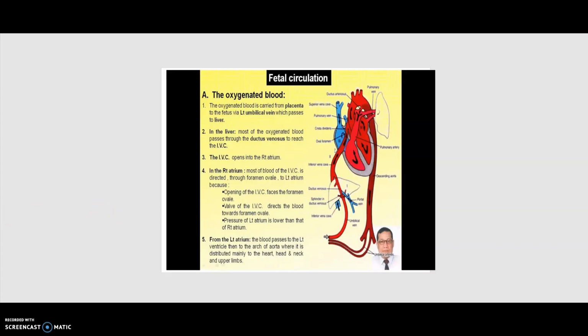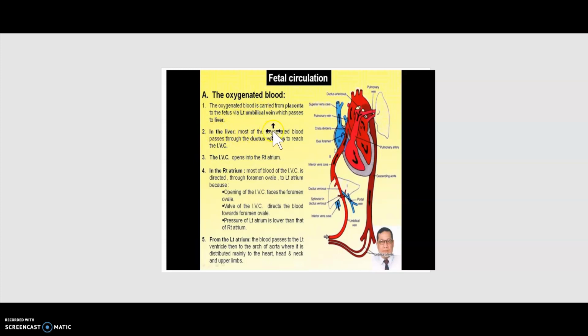All right, here's basically a synopsis of the fetal circulation. Oxygenated blood is carried from the placenta to the fetus via the left umbilical vein, which passes to the liver. In the liver, most of the oxygenated blood passes through the ductus venosus. Remember, two arteries and a vein.